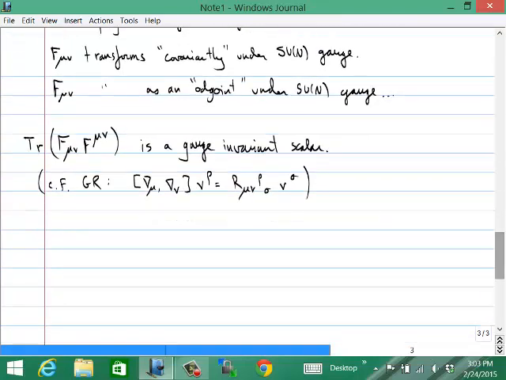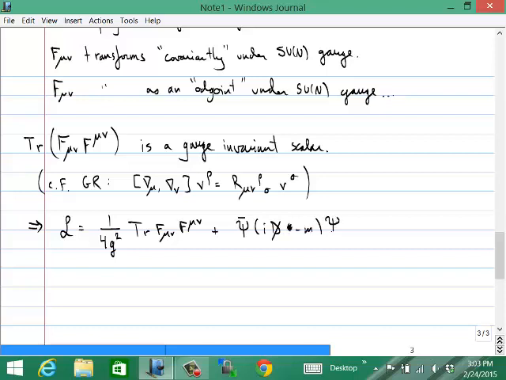Okay, so anyway, we found the unique gauge invariant scalar that's quadratic in A. So that means that the most general Lagrangian that you could write down that is a gauge invariant scalar, so that your theory is Lorentz invariant as well as gauge invariant, will involve a kinetic term for the gauge field, again with an arbitrary coefficient that I've called 1 over 4g squared, along with a coupling term between psi and our gauge field, where again D here is defined in terms of the covariant derivative, D mu minus i A mu.